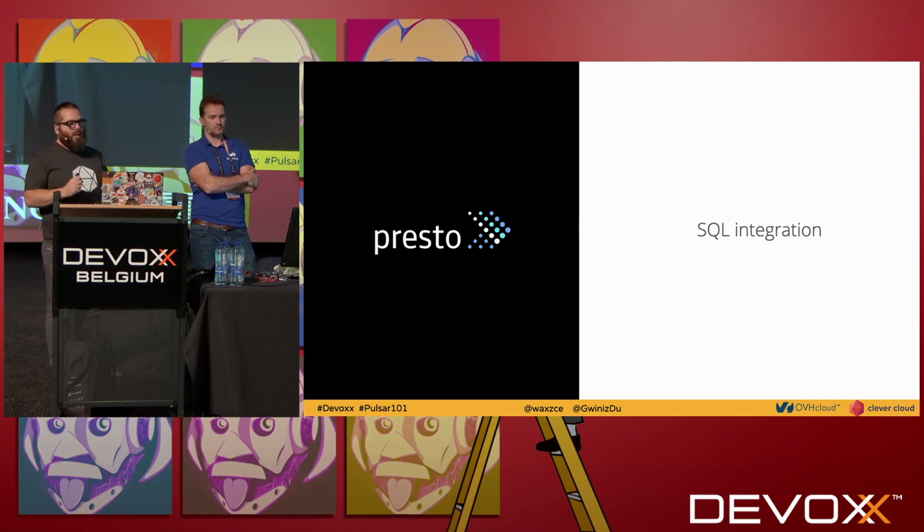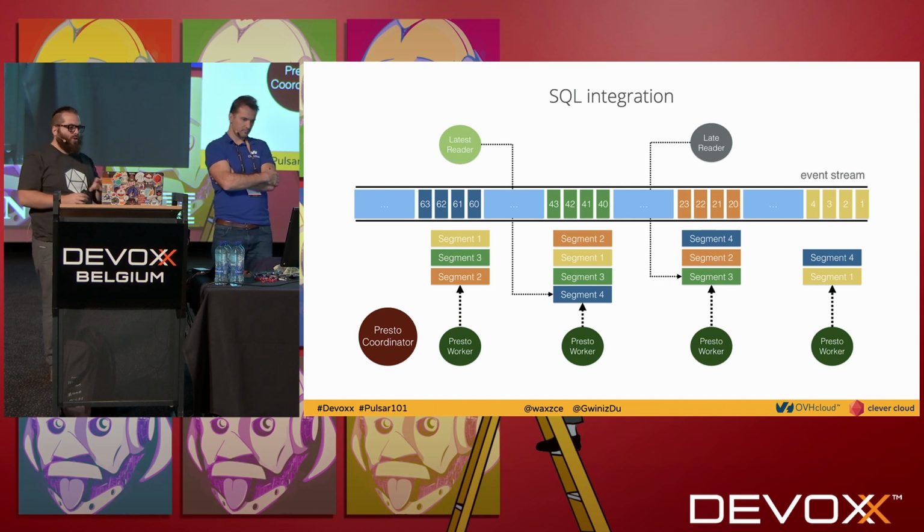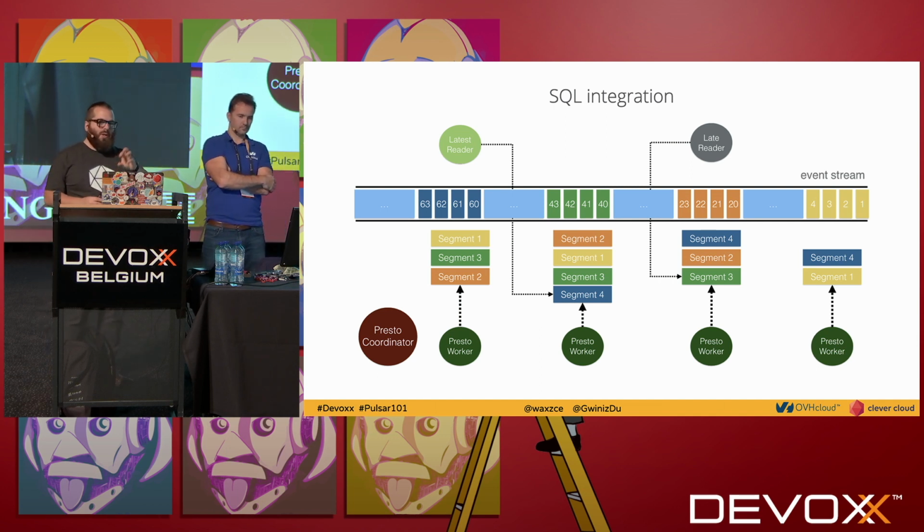Presto has a very big integration with Pulsar, giving you access to actually talk to the bookkeeper. So when you're using the Presto integration, you're not talking to many brokers or stuff like that.